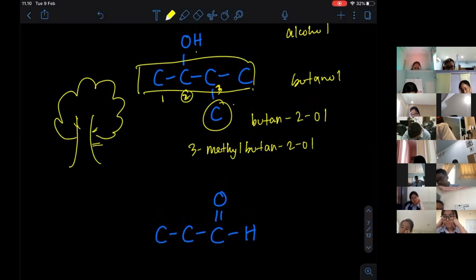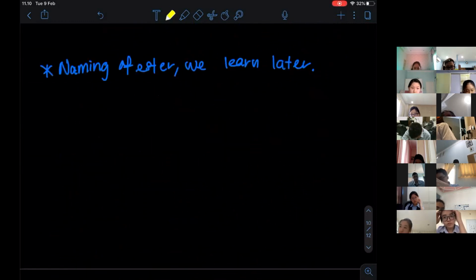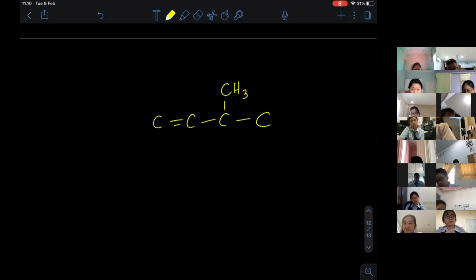It applies not only for alcohol, it applies for your alkene as well. I'll give you one example for alkene before we continue. Let's say I have C like this, and then I have a double bond here, and then I have CH3 here. Now I want to name this.